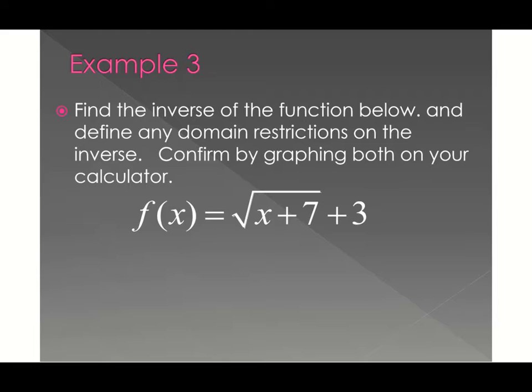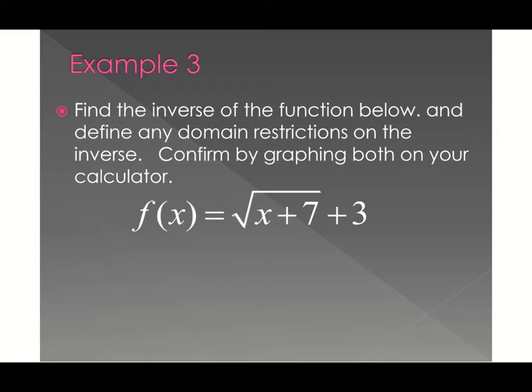Now, we're going to find our inverse first, but then thinking about domain restrictions, remember back on our radical unit when we had radicals and rationals, how we had extraneous solutions. Now we're going to have to think about why a radical would have domain restrictions when we're looking at inverses.